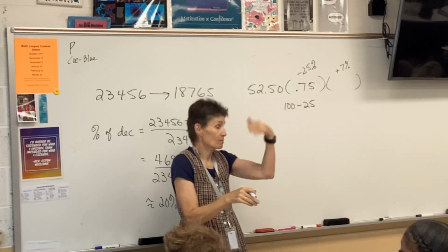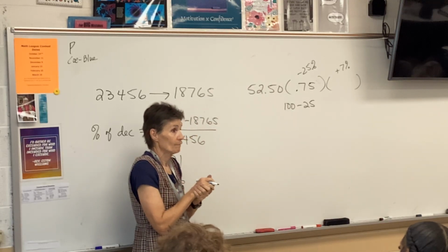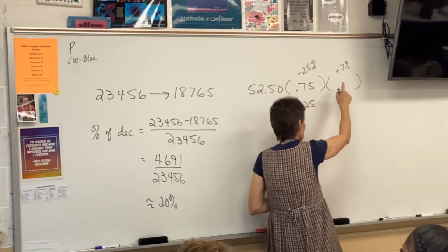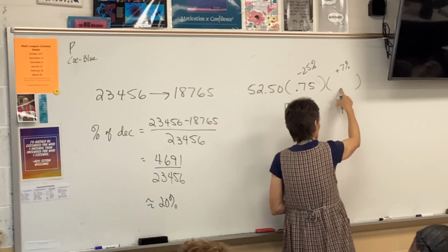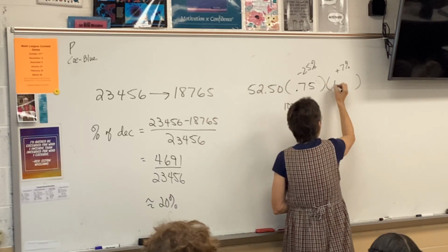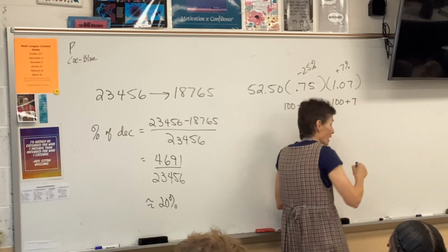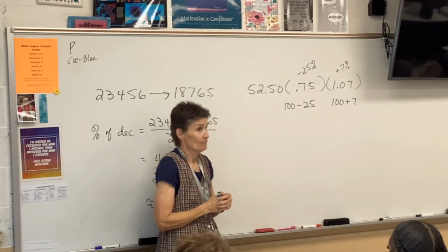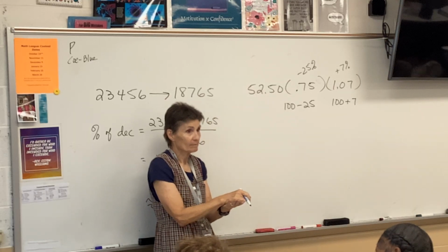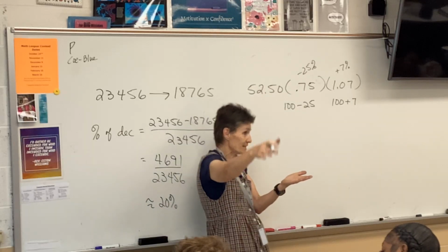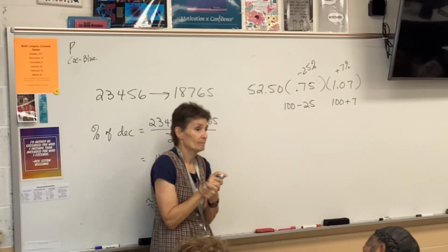So in this case, we're subtracting 25%. Now, then I have to pay tax. What do I multiply by here? 1.07, because I have to add on the tax. I start with my 100%, I have to pay for the item. But then I have to pay an additional 7%.